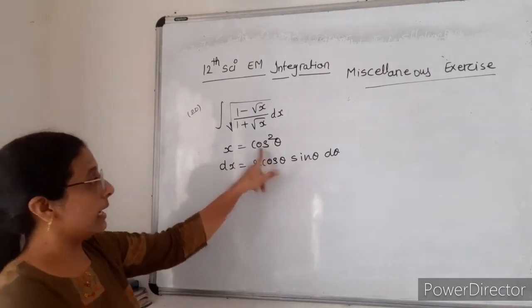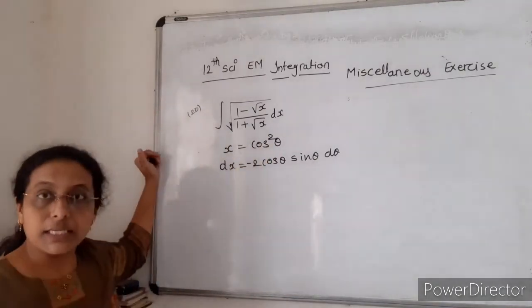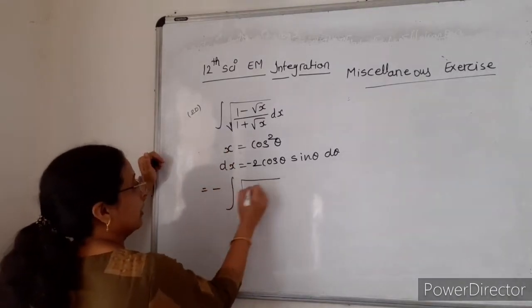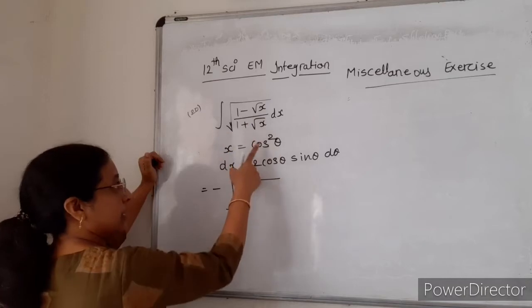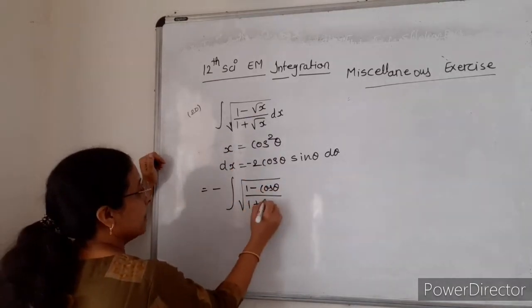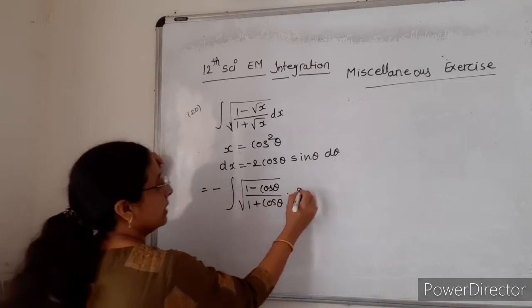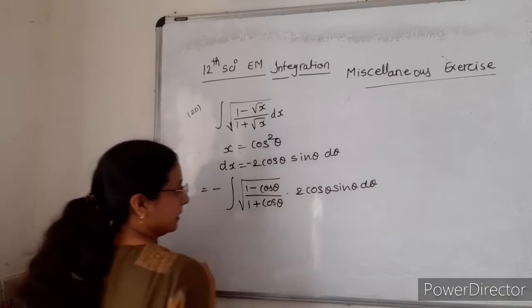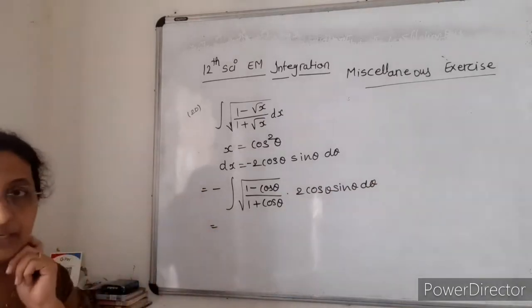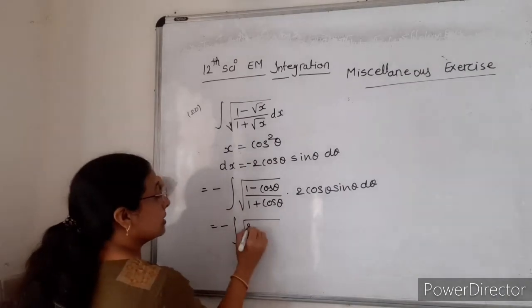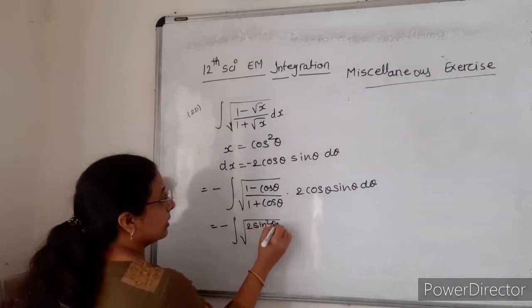2 cos theta and minus sin theta is there. So now if you apply minus, here 1 minus cos theta upon 1 plus cos theta into 2 cos theta sin theta d theta. Then here 1 minus cos theta is 2 sin square theta by 2.